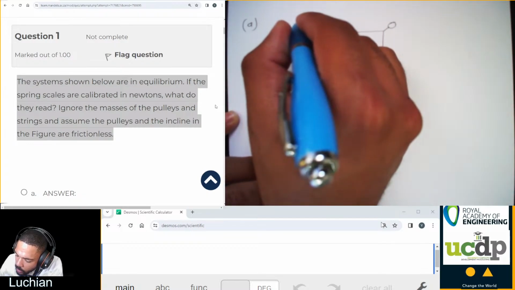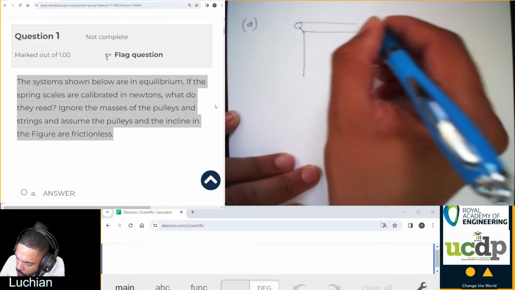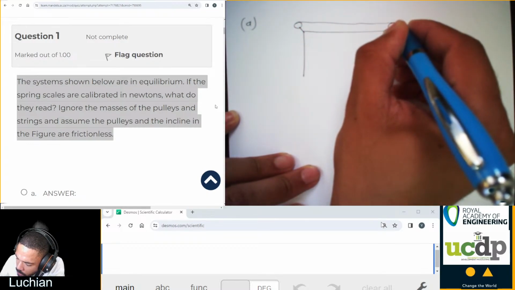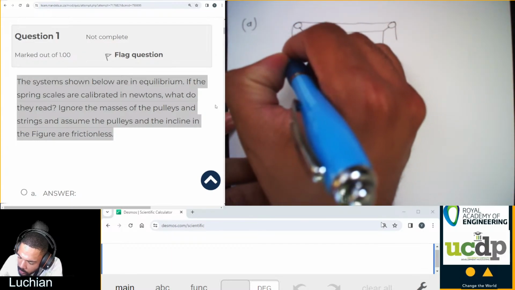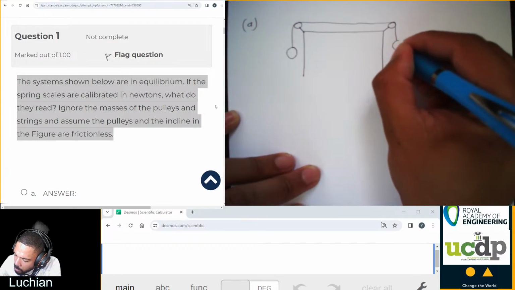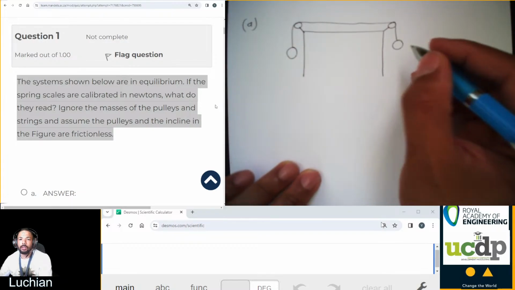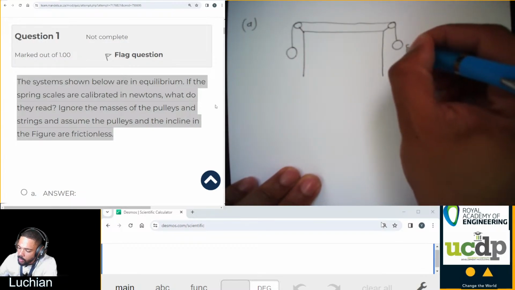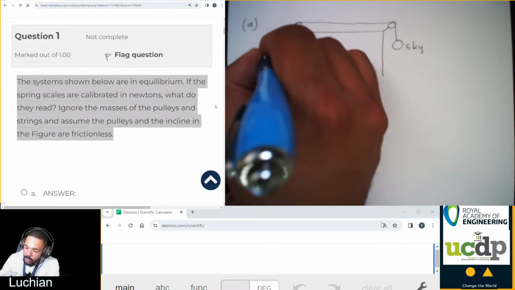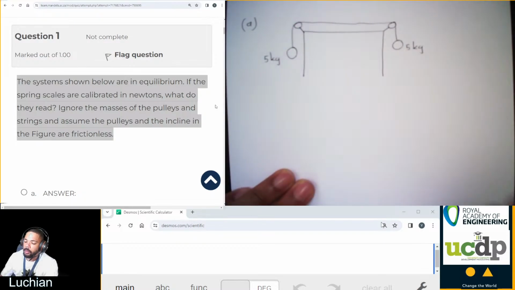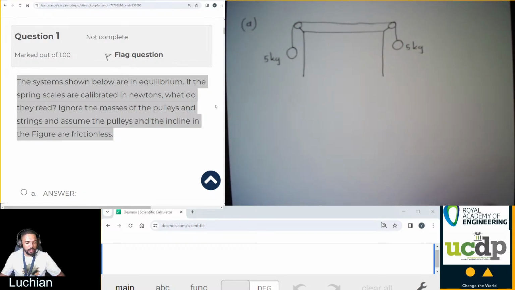We have the rope connecting these two pulleys. It goes down, and there's a 5 kilogram ball hanging on both sides. There's a 5 kilogram ball there and a 5 kilogram ball there. So we have this situation.